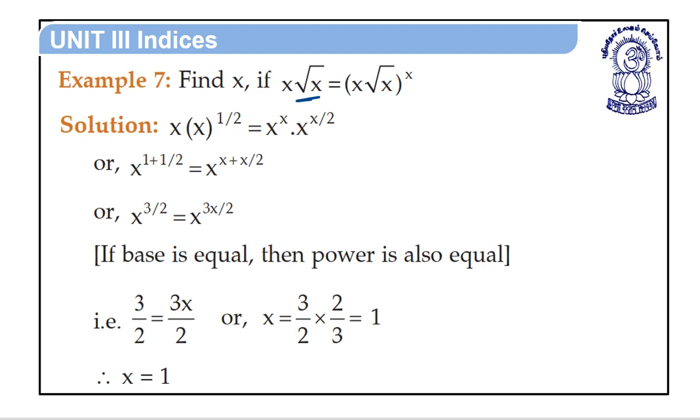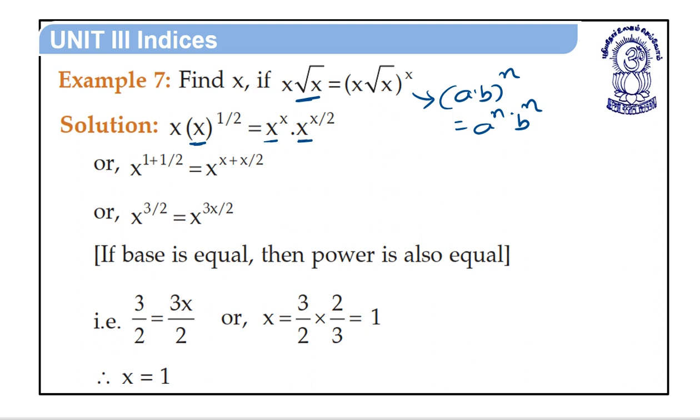So we can also write x raised to 1 by 2, here using the law, a into b raised to n is equal to a raised to n into b raised to n. So x raised to x raised to 1 by 2 into x. So x by 2.